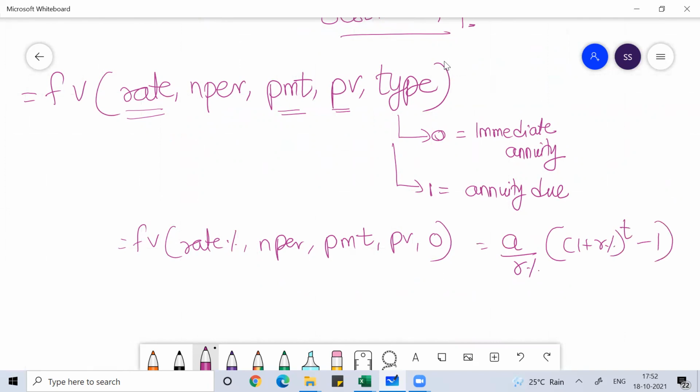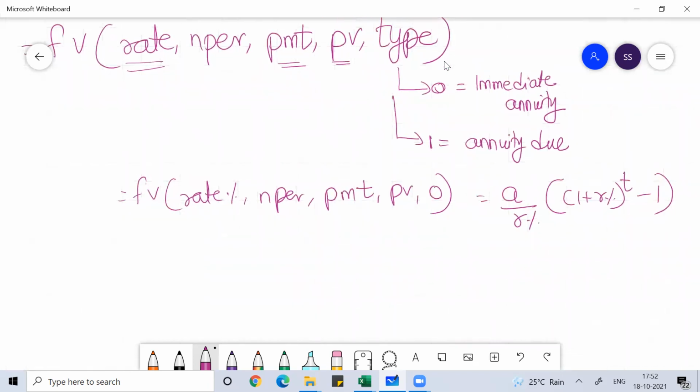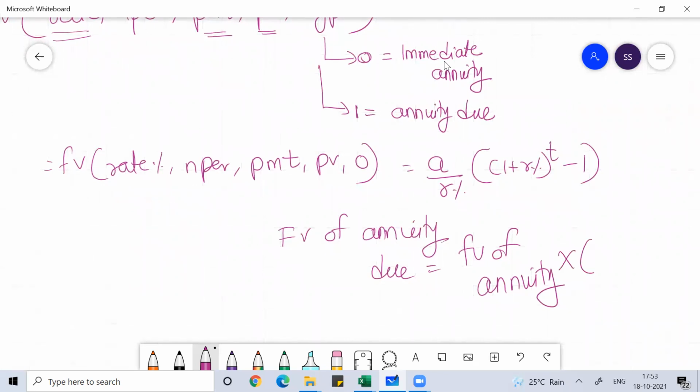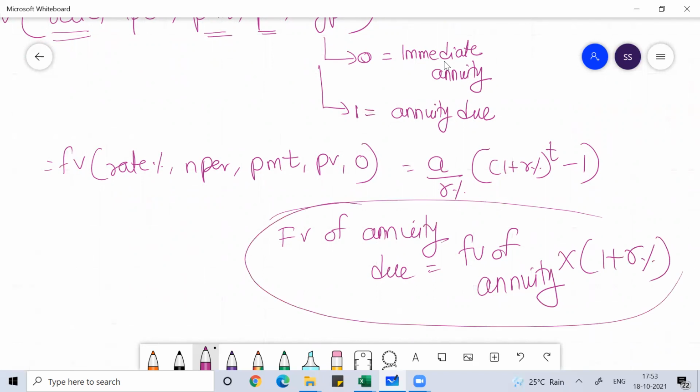Already we discussed this formula in the previous class. If you use 1 as the type, then it is future value of annuity due. Future value of annuity due is equal to future value of annuity into 1 plus rate of interest. So this is the formula of future value of annuity due.